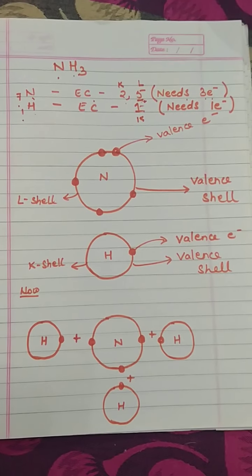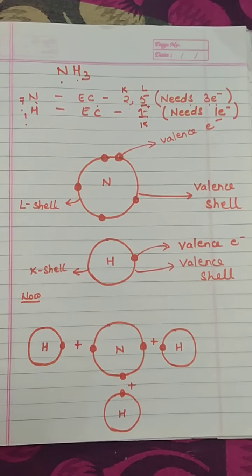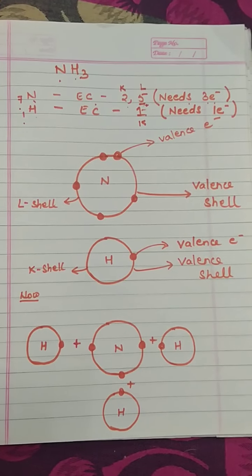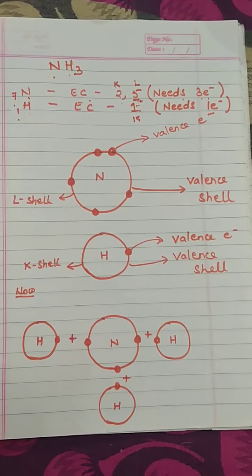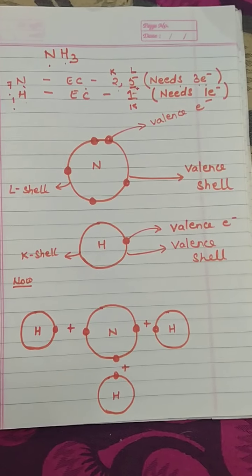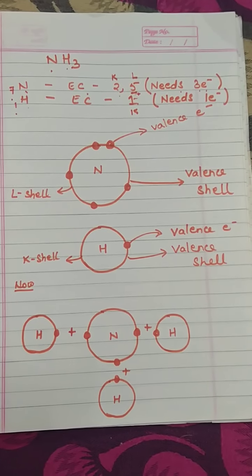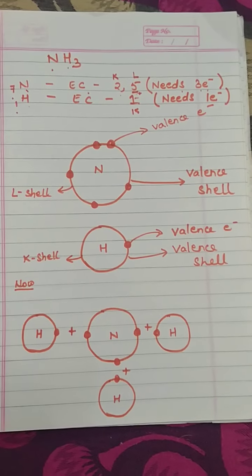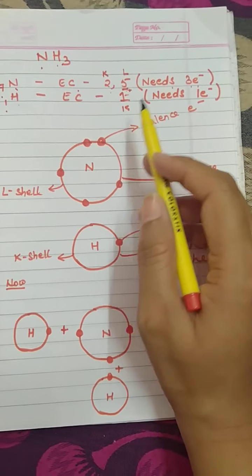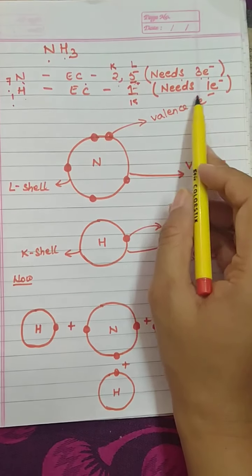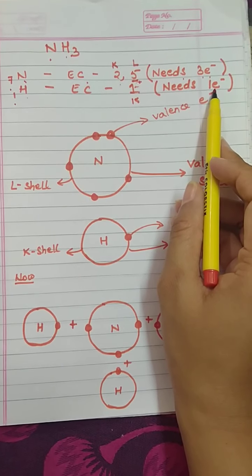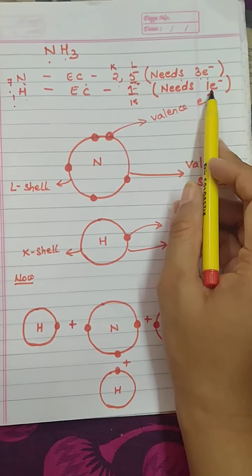Now we have studied in class 9th that the capacity of the K shell is only 2 electrons. Okay, that means only 2 electrons can be present in the K shell. Not more than 2 electrons can be accommodated in the K shell. So again, to become stable, hydrogen will gain 1 electron. That means you can say it needs 1 electron in short.